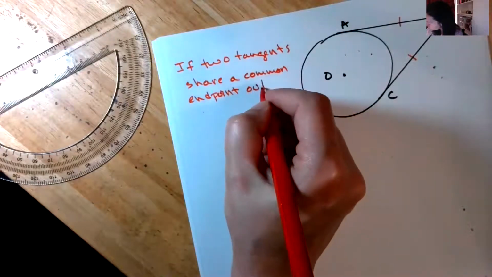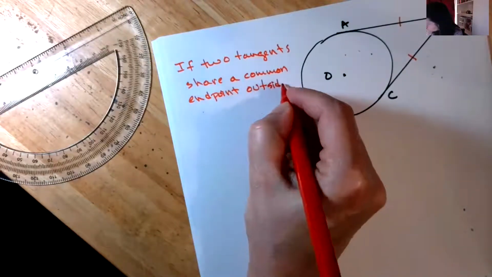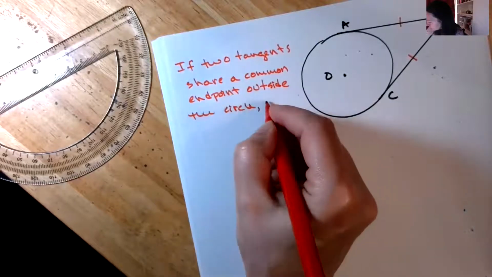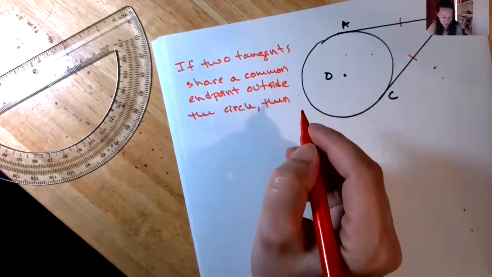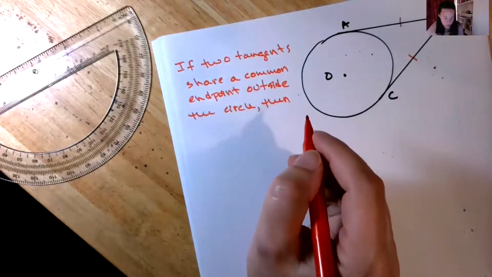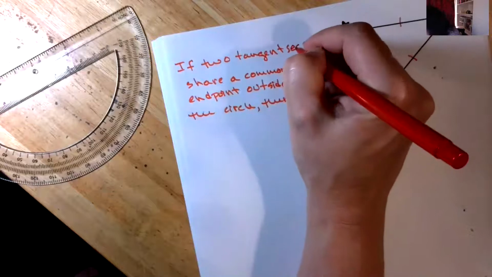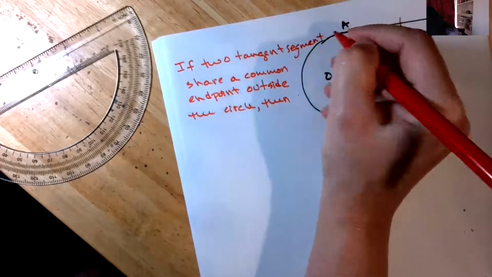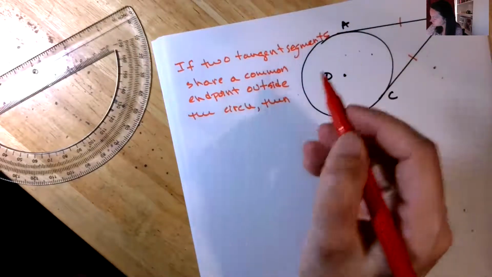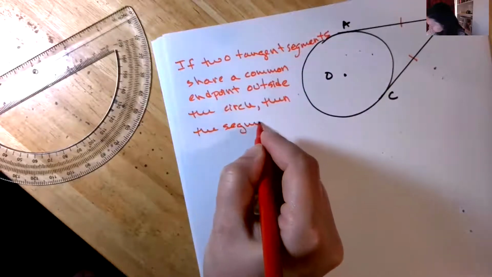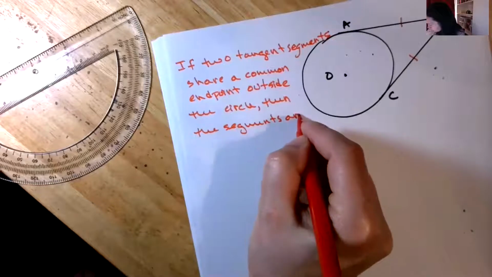Outside the circle, then the two segments, I'm going to call these tangent segments to clarify that we're not talking about lines, then the segments are congruent.